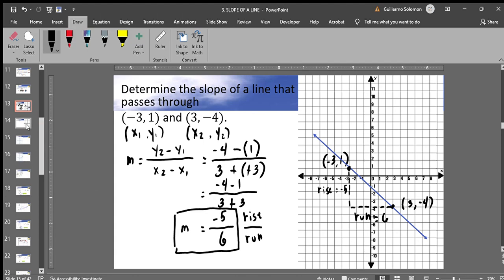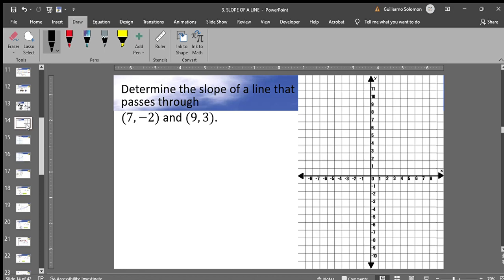Okay, let's have another example. Determine the slope of a line that passes through 7, negative 2, and 9, 3. First, let us identify our given here.